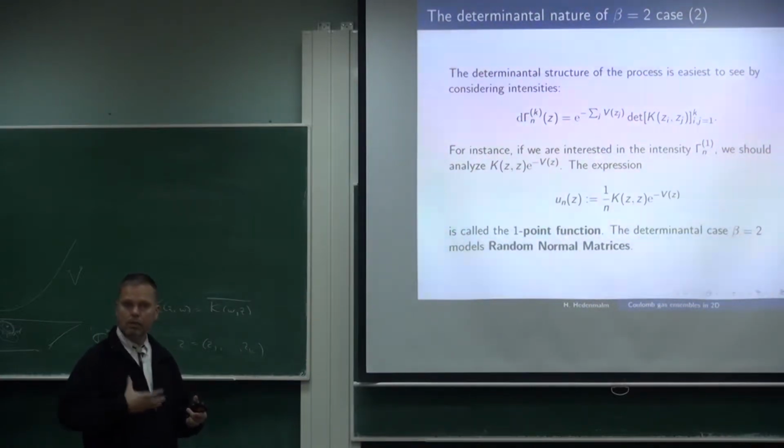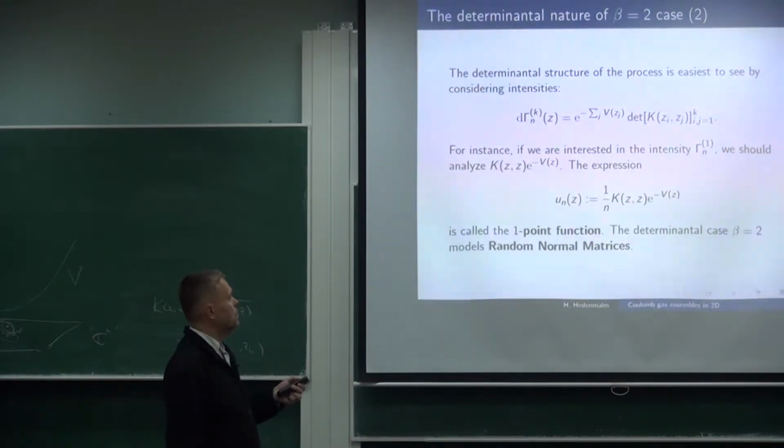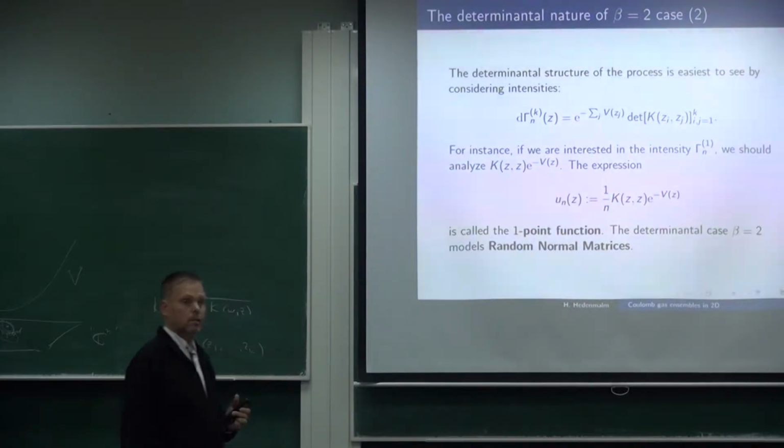You integrate out and you get 1 plus 1 plus 1 plus 1, n times, and so the integral without dividing by n would be n, and then you divide by n to get a probability density.